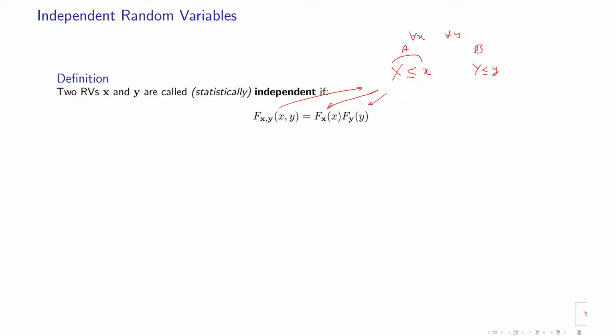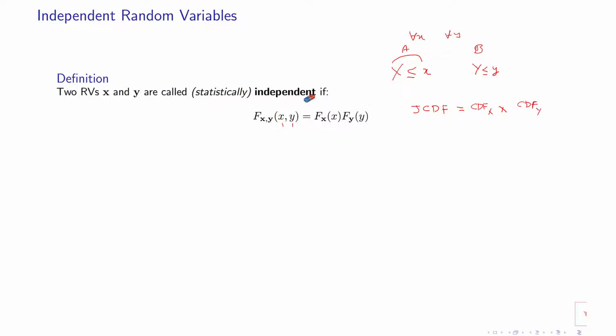So we call two random variables independent if we can decompose the joint CDF into the marginal CDF of X times the marginal CDF of Y. This decomposition should be valid for all values of x and y with no exception anywhere in the set.